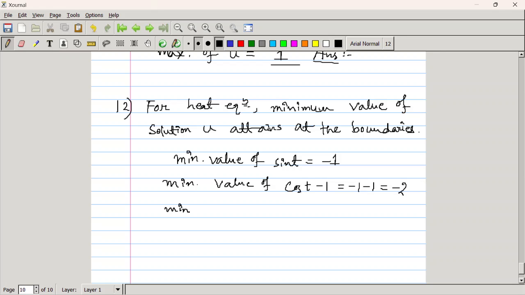And the minimum value of x into 1 minus x is 0, because x lies in the closed interval 0 to 1, right? That means x is greater than or equal to 0, and 1 minus x is also greater than or equal to 0.